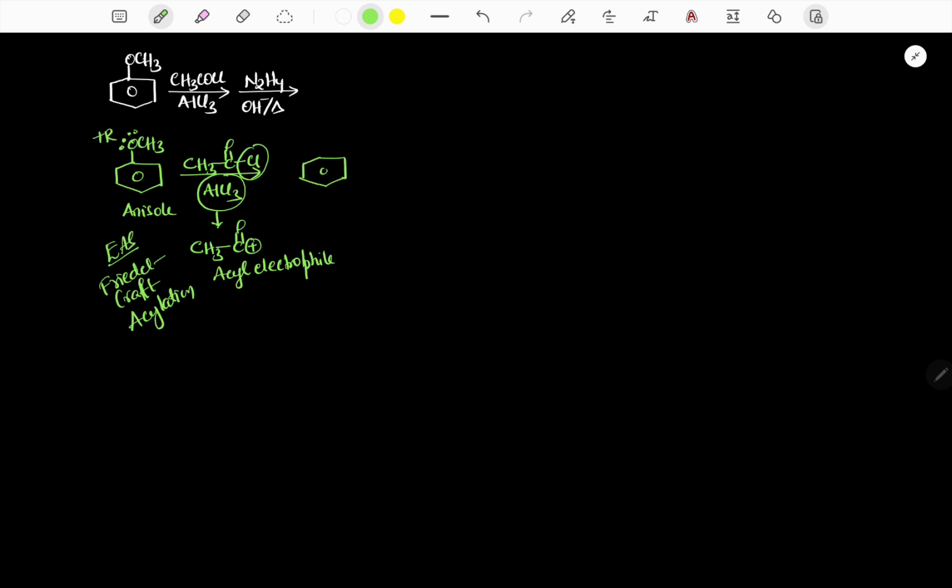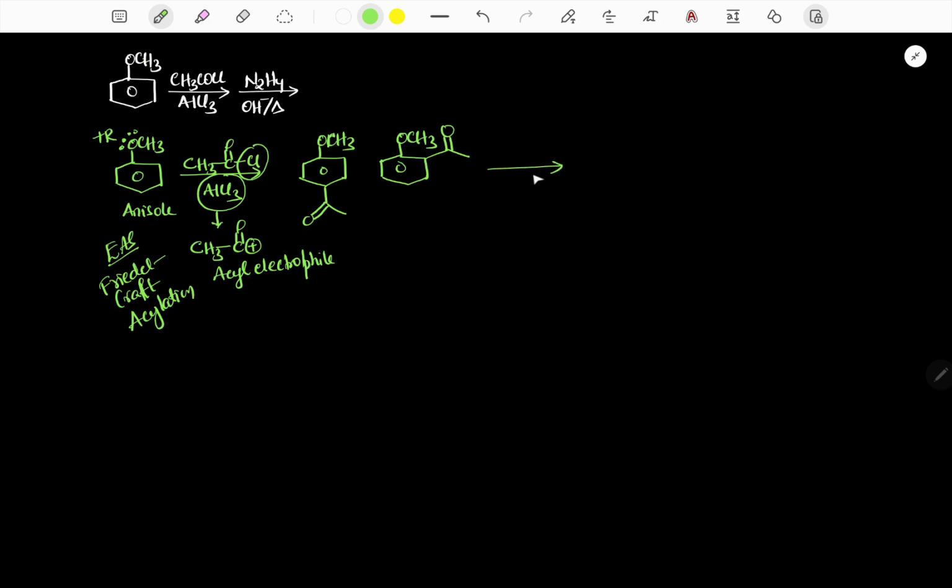Therefore, we get two products, ortho and para, and para is major. So I am writing the major product. Of course, we can also take the minor product also. It is a Friedel-Crafts acylation.